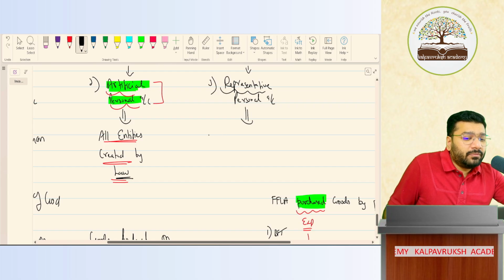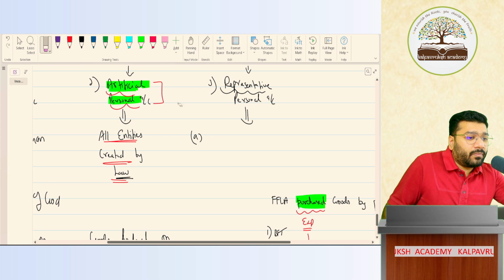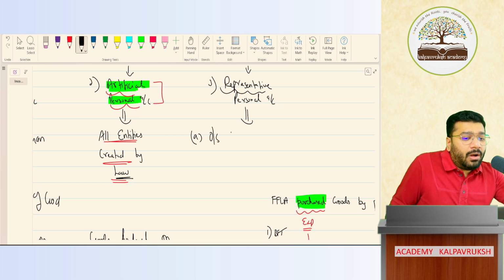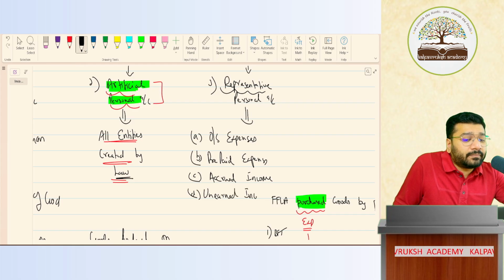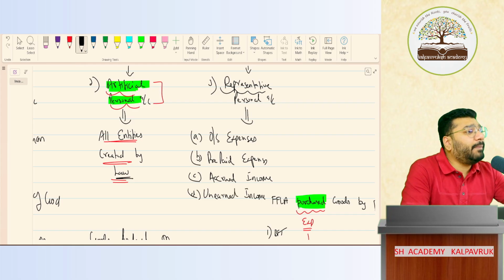Here, four things will come: outstanding expenses, prepaid expenses, accrued income, unearned income.